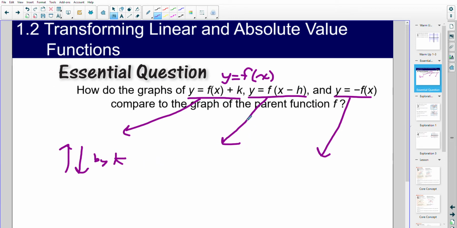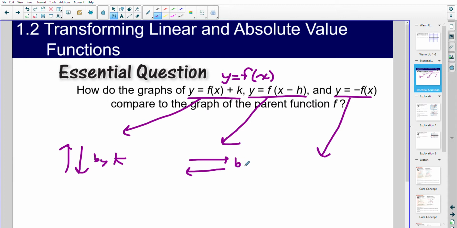If you're looking at this equation, again, the idea is what is h? Is it positive or negative? So notice that you're doing something with the x's. That means that instead of going up and down, you're going to be going to the right or to the left. And that is going to depend on what your h is.